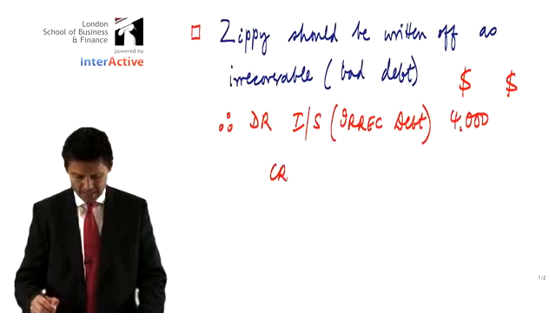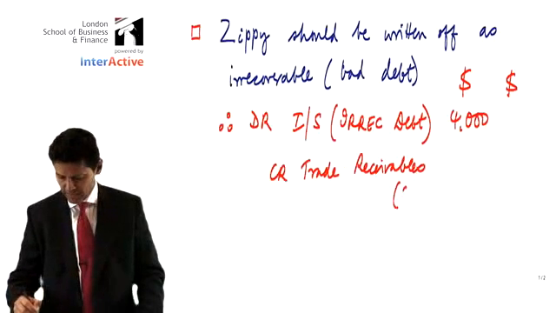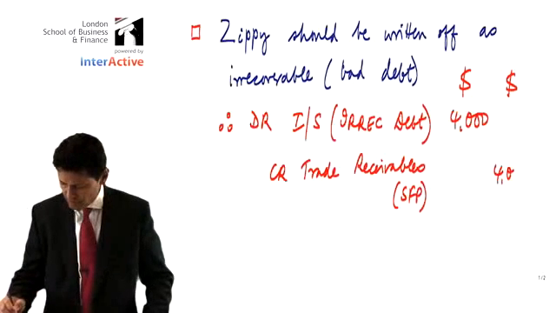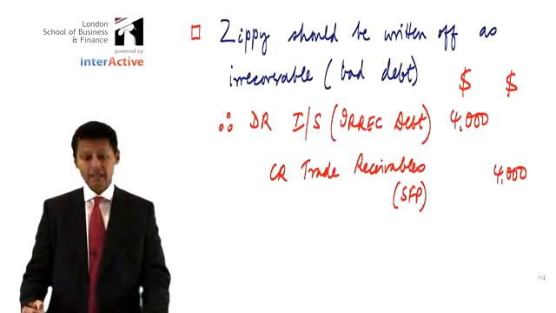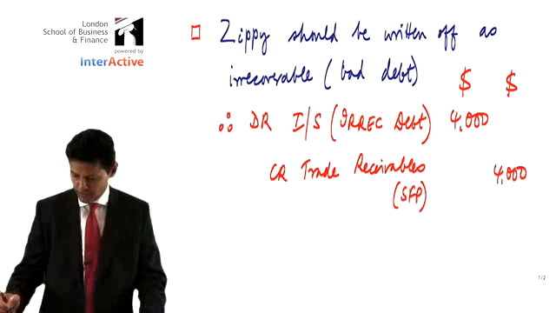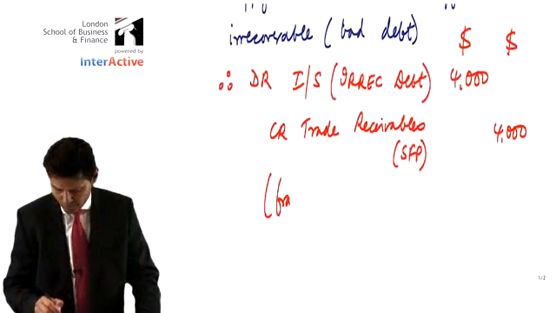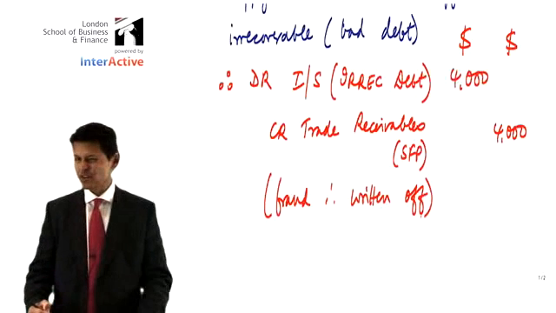And the credit goes to trade receivables, which is obviously the statement of financial position. And that credit is for $4,000. It's fraud, and therefore it's written off. In other words, you feel you're not going to get that money.